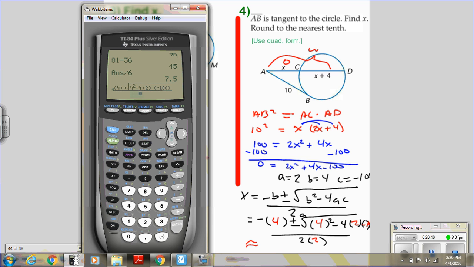Drop down to the denominator, put parentheses 2, and then hit enter. And you get roughly 6.14. And it said round to the tenths, so that's 6.1.